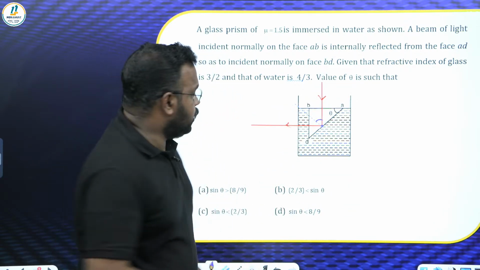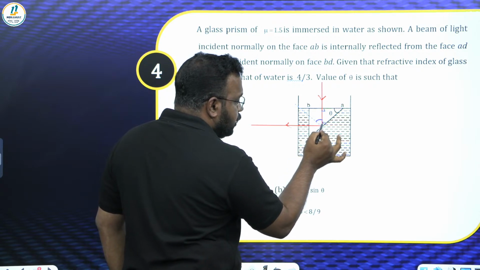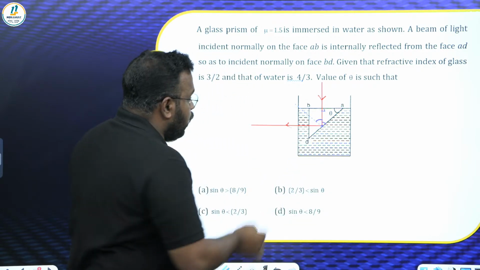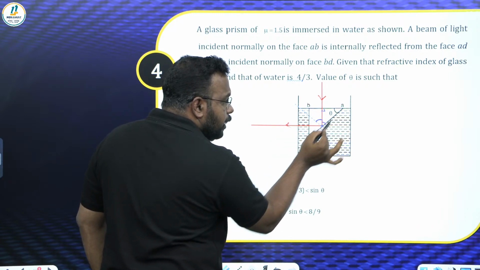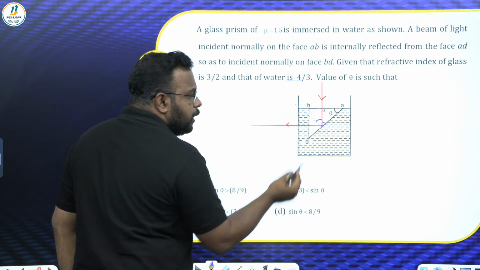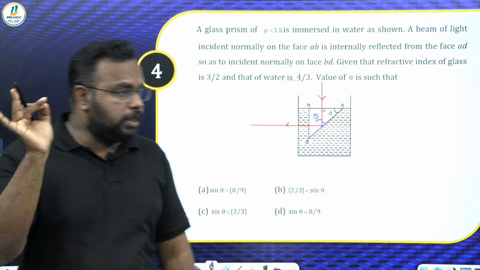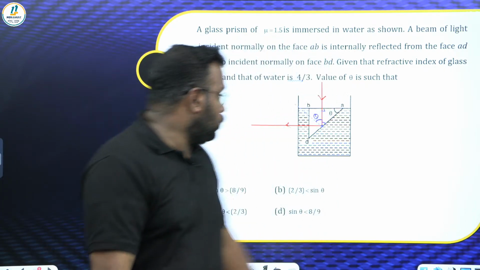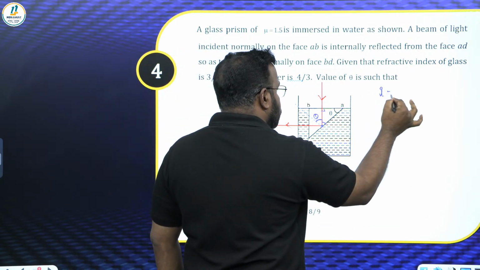What is the value of that? See, this is theta, this is 90. So this angle will be 90 minus theta. Because this is a normal, this total angle is 90. This is 90 minus theta, so the remaining will be theta. So the angle of incidence is nothing but theta. I is equal to theta. That is the first point you have to note here.